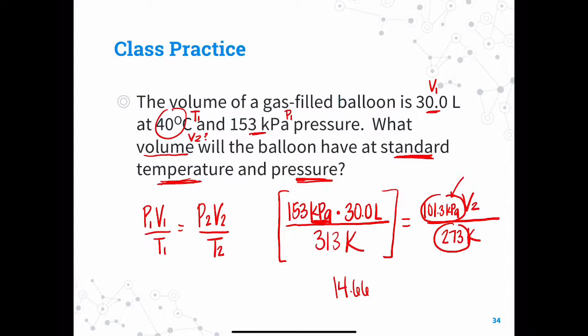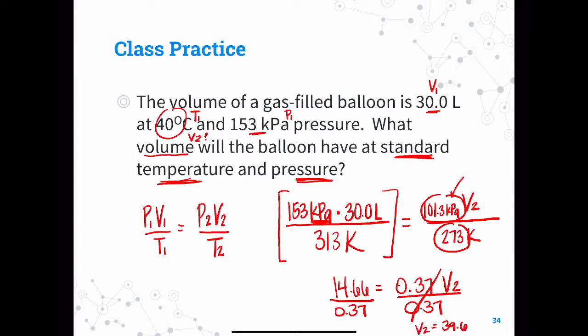And I still have that V2 on the top, so this leaves me 0.37 V2. Then I divide both sides by 0.37, just like you would in algebra.